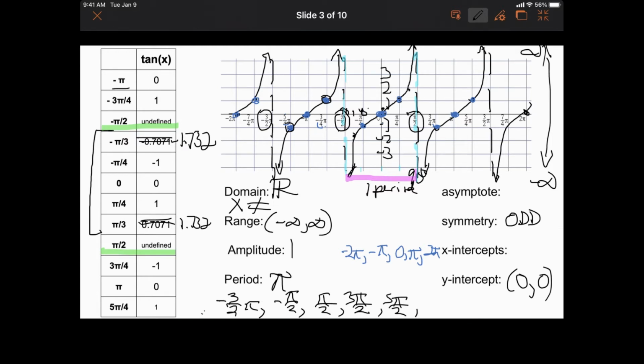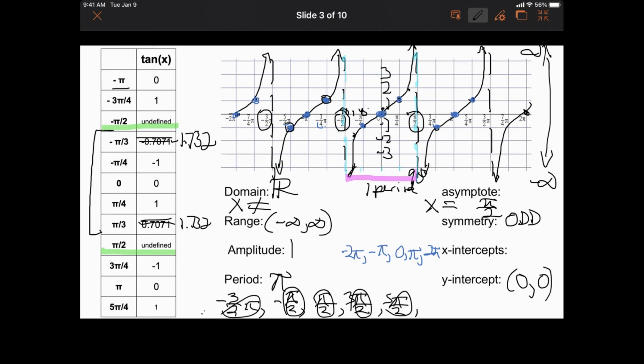So what's the same? We have pi over 2 in each one, right? But then we also have this change. Asymptotes are x equals, a vertical line, and we know it's pi over 2.